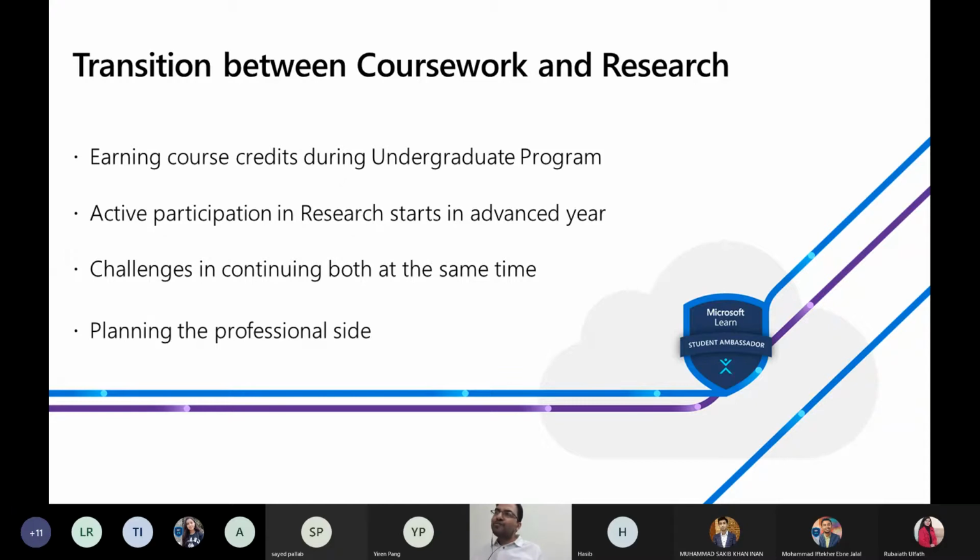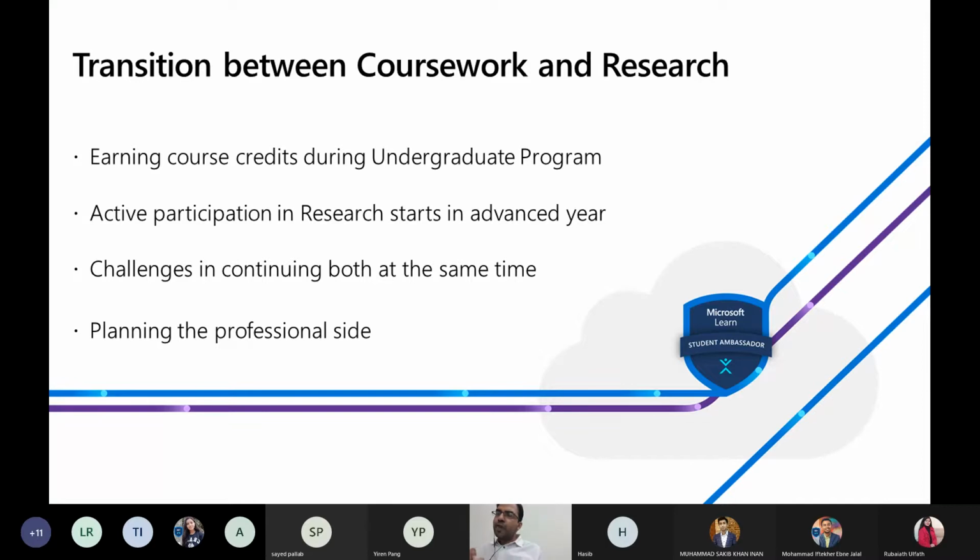So you are kind of forced to drive your attention toward research. But again, the more you progress with your coursework, the courses will become more intense, more difficult, and will require a substantial amount of time. Then what to do? How to transition between these two things?